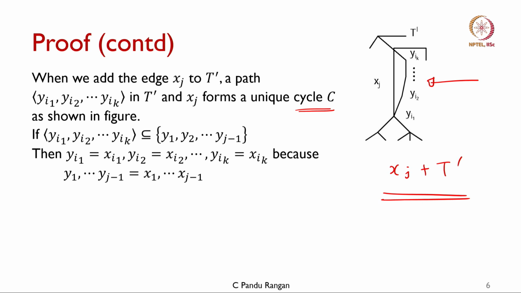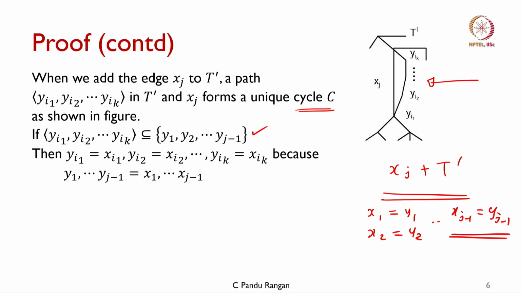Suppose this is a proper subset of y1 to yj minus 1, that is, completely contained in y1 to yj minus 1. That means yi1 equals xi1, yi2 equals xi2, because x1 equals y1, x2 equals y2, up to xj minus 1 equals yj minus 1. Because of this property, if these edges are a subset of this, they will match the corresponding x values.